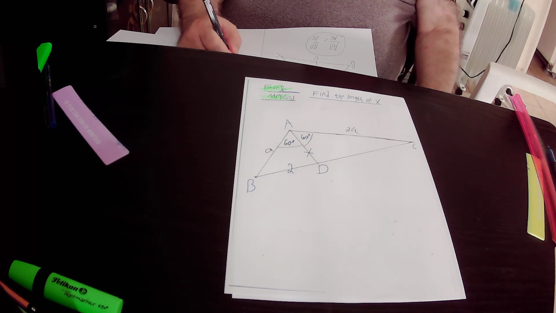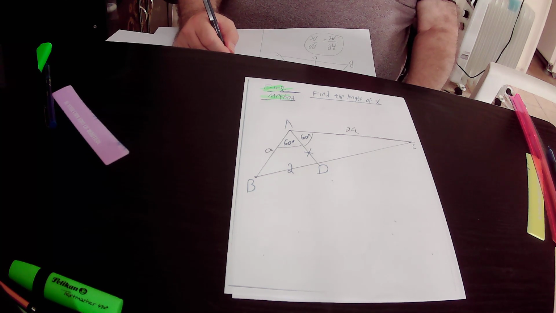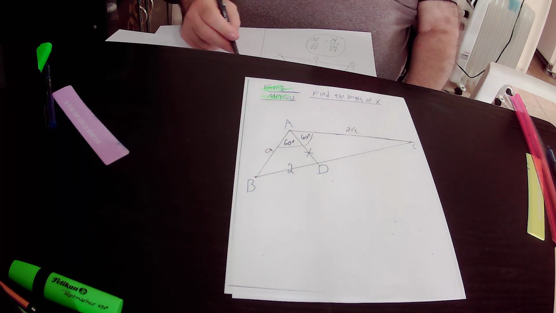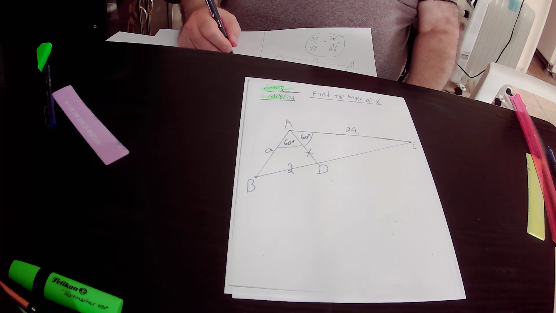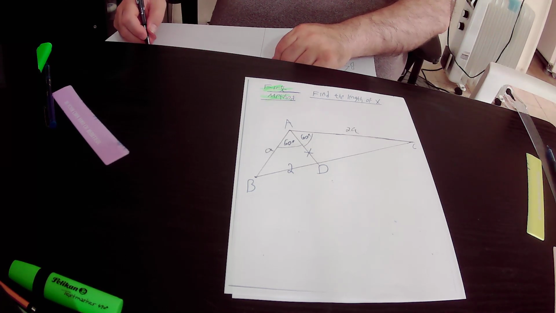AB equals A units according to what is given in the question, so we substitute AB by A. AC equals 2A according to what has been given to us, so we substitute AC by 2A.